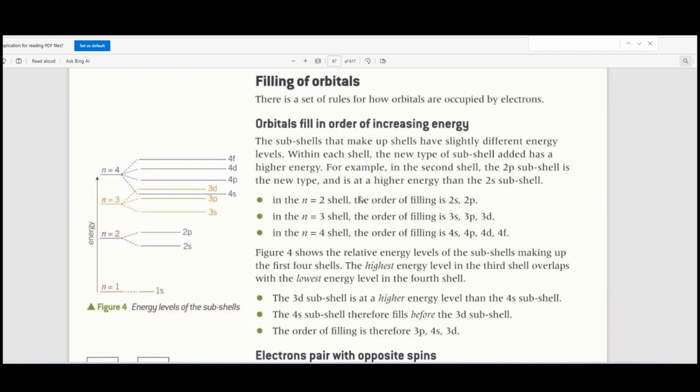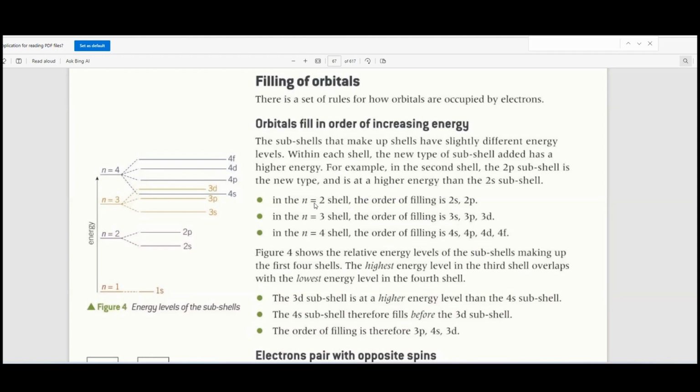In the n equal to 2 shell, the order of filling is 2s, 2p, because the lower energy subshell will be filled first and then the higher energy subshell will be filled after that.